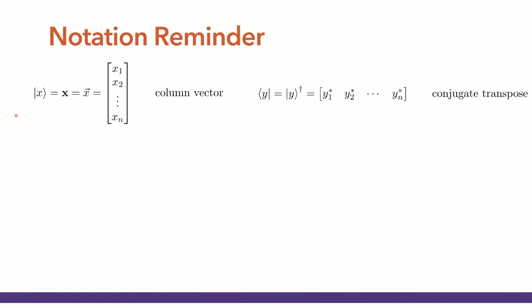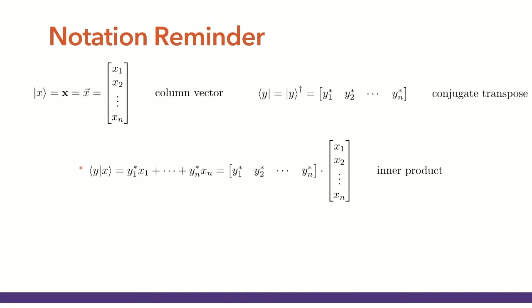So when I write ket x, this is the same as in the classical case, bold x or x with an arrow over it. It's just a notation for a column vector. And when I write bra y, this is the conjugate transpose of ket y, and it's a row vector with elements being conjugate transposed of the y column vector.